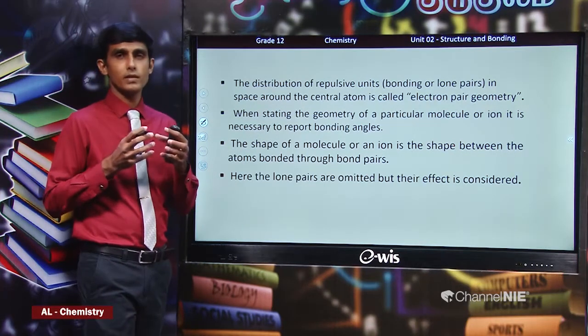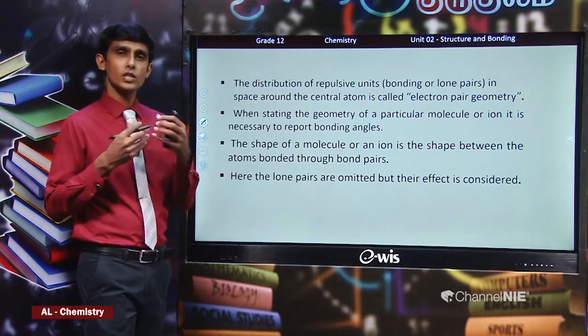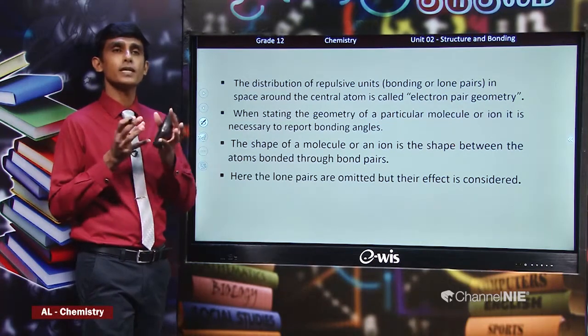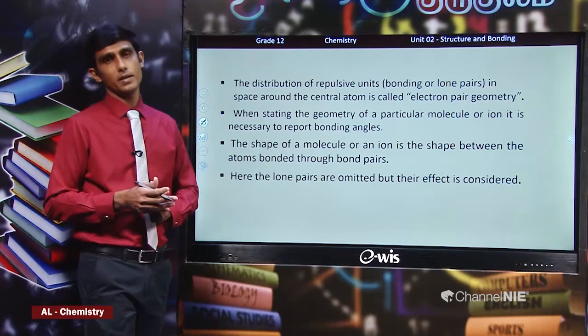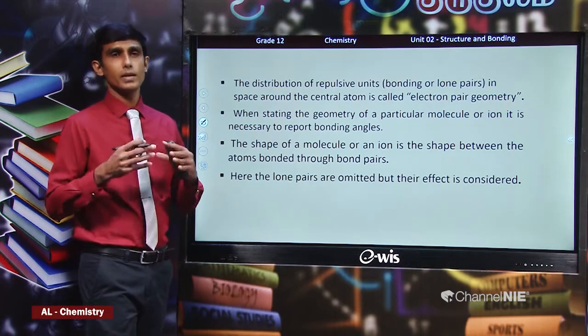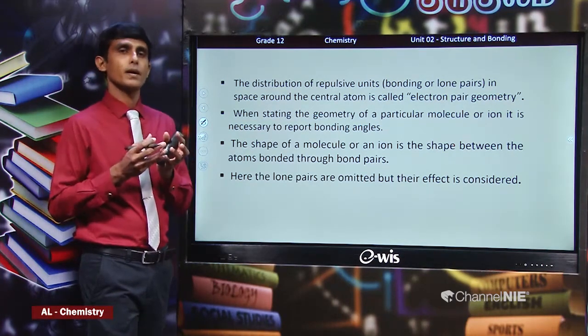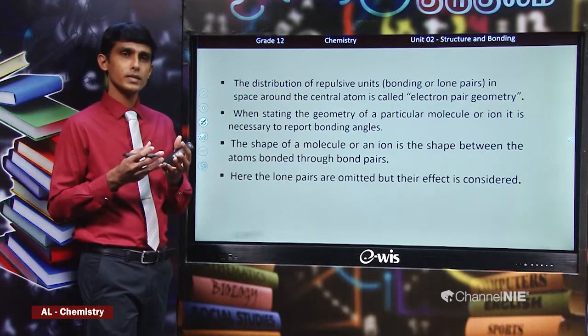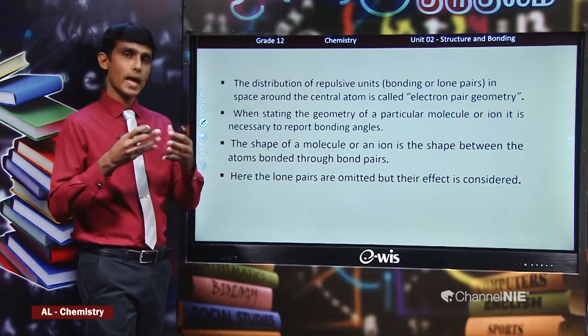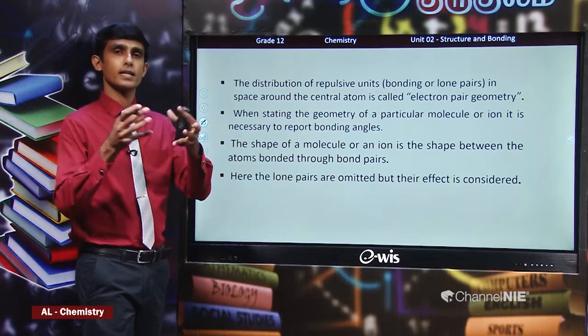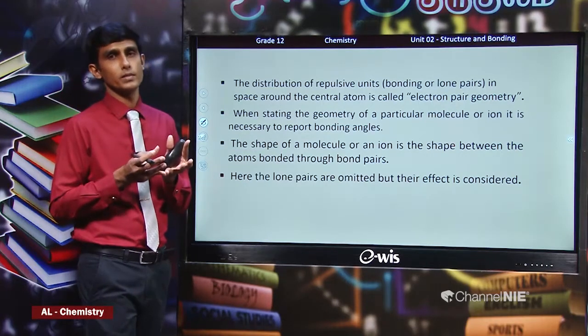When you consider geometry, you have to give a number of pieces of information regarding that molecule or ion: the shape, the electron pair geometry or arrangement, angles, everything.